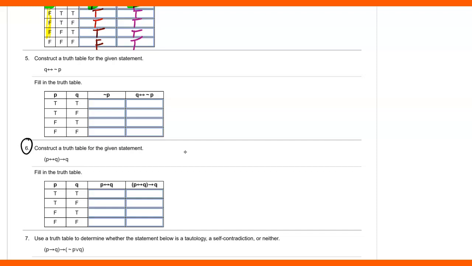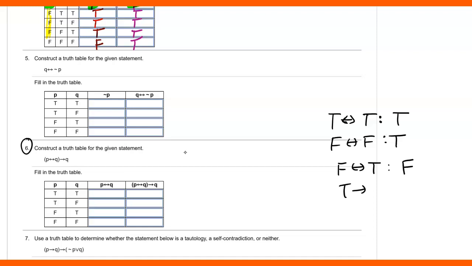Question number 6. Notice that with biconditional, T double arrow T is going to be T, and F double arrow F is also going to be T. Other than that, F double arrow T is going to be false, and T double arrow F is going to be F. Therefore, this is the case where biconditional is false.